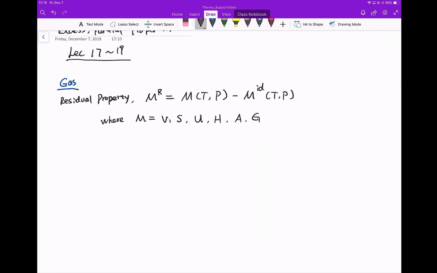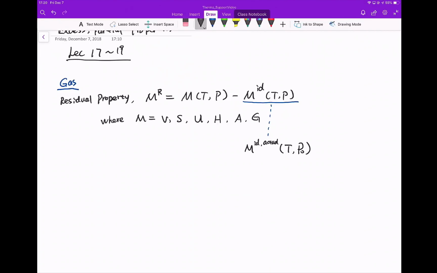I hope you still recall that in order to do the calculation, we try to set up the connection. Now this is the ideal gas behavior at this high temperature and pressure. We always compare this with the actual ideal gas behavior at this same temperature but at low pressure P0.